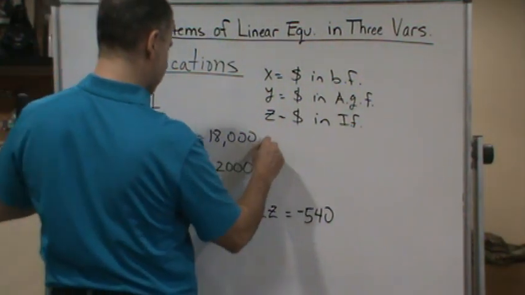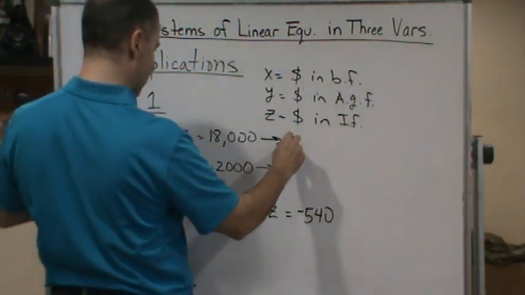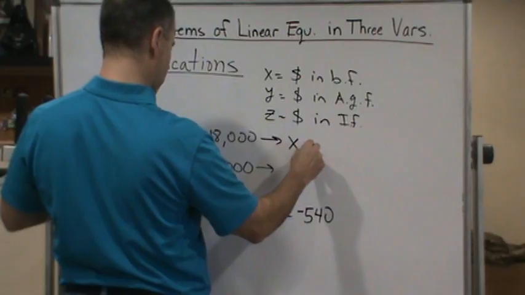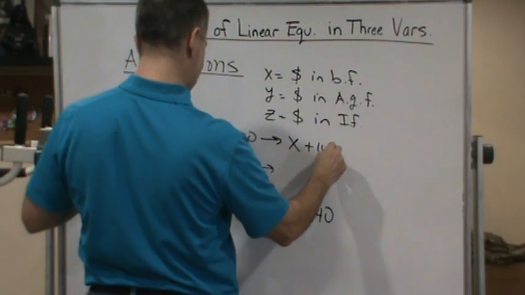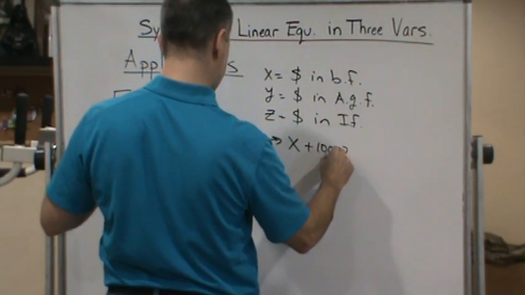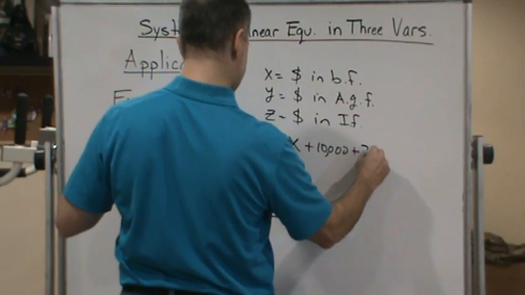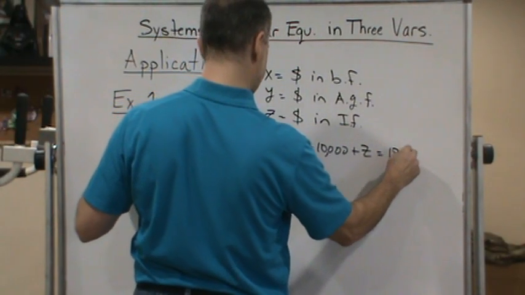So Y is 10,000. Now this becomes X plus 10,000 plus Z is equal to 18,000.